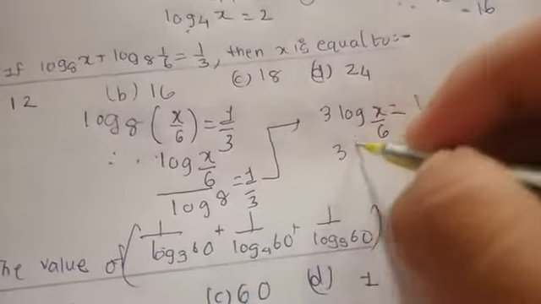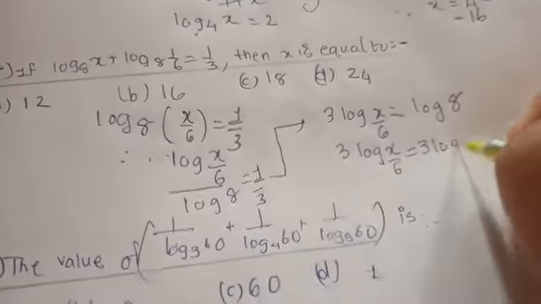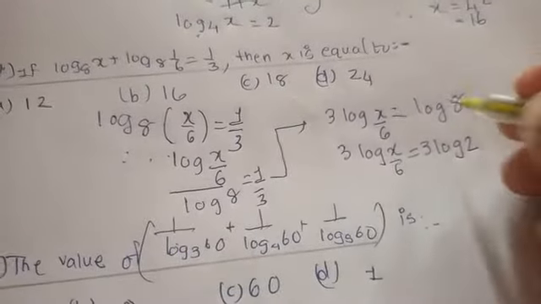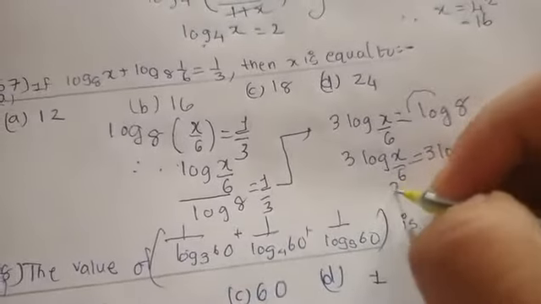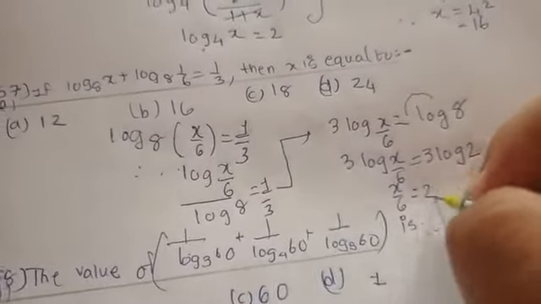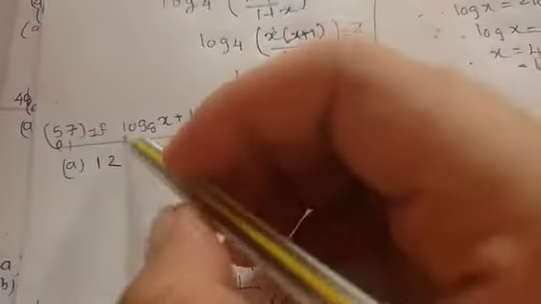Now log 8 can be written as 3 log 2, since 8 is equal to 2 raised to 3 and 3 comes on the left side of the log. So this expression becomes x by 6 is equal to 2. Therefore, value of x is equal to 12. So in 57th question, option A, 12 is correct.